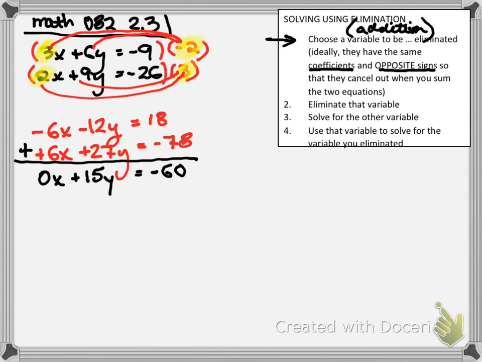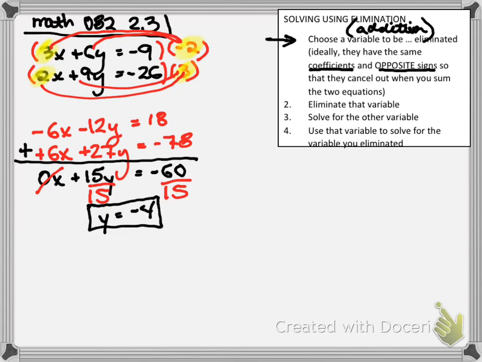Okay, so from here, we can ignore this. It's nothing really. 0y is just 0, not even worth writing really. So then we have y equals -4. Now, I took the liberty of graphing the system of equations before I started, and I'm looking at the graph right now, and I can tell you that that is the correct answer.